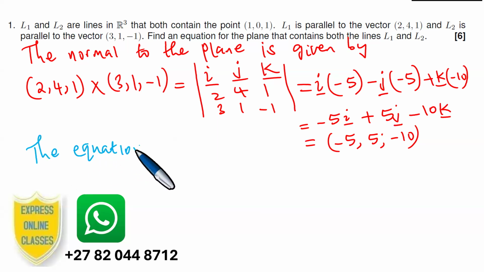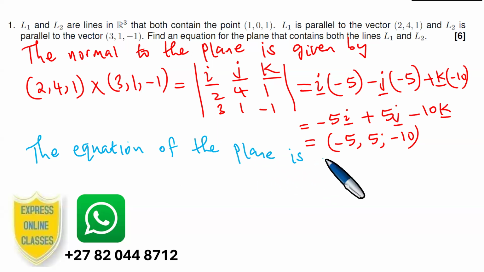Right, so the equation of the plane is given by the following.